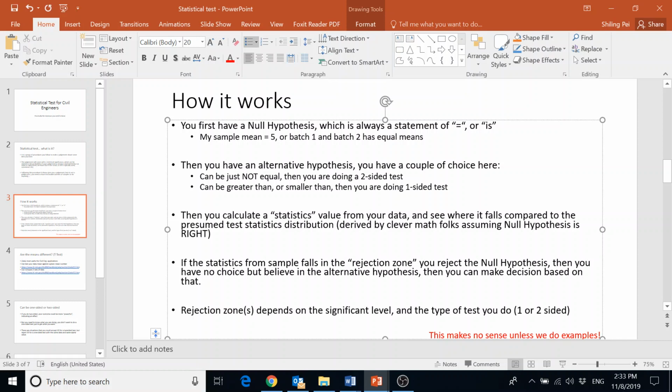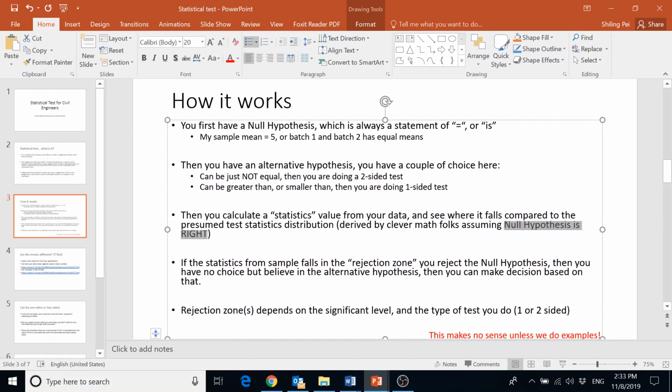Then you get a value, right? Then the test itself will give you a presumed statistical distribution of this value. You're like, how did they do that? They do that by assuming your null hypothesis is correct.